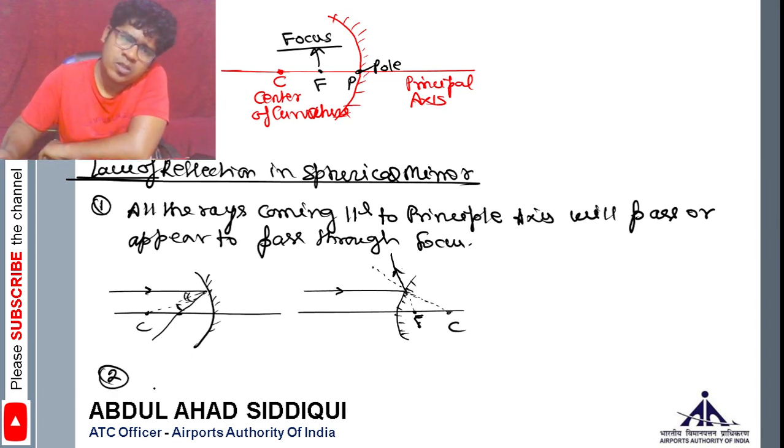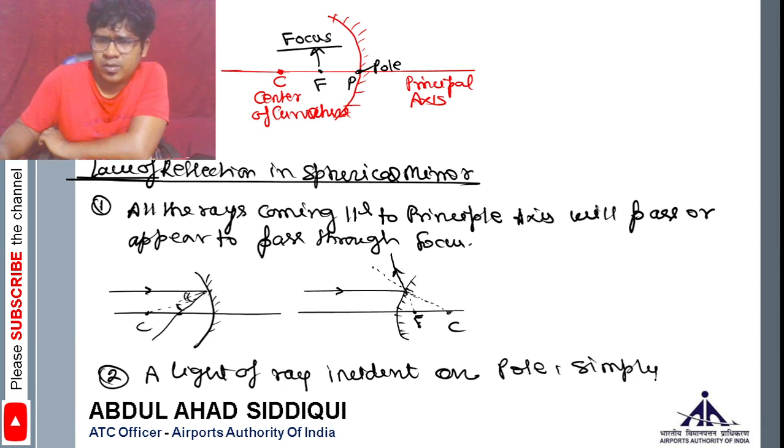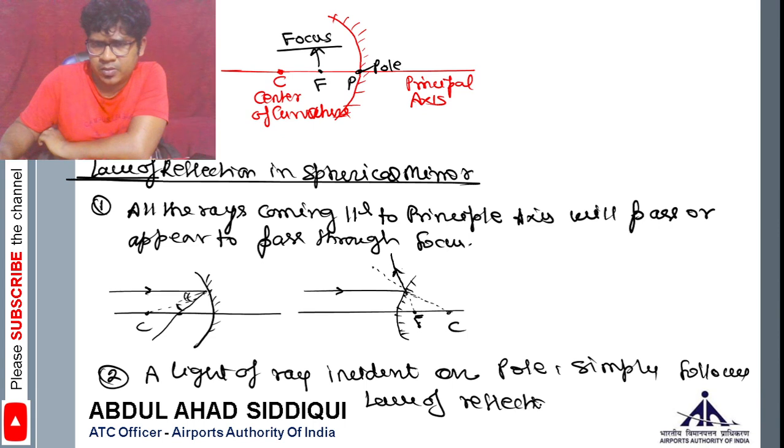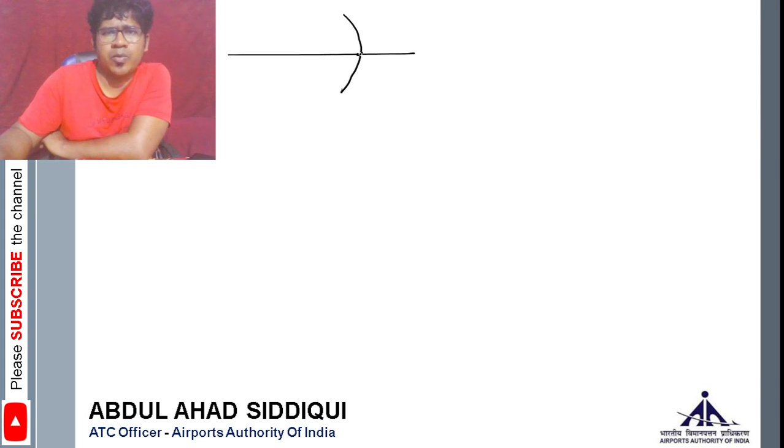The second thing is, a ray of light incident on the pole simply follows the law of reflection. What does it mean? Let's say you have this mirror, and this is the pole.